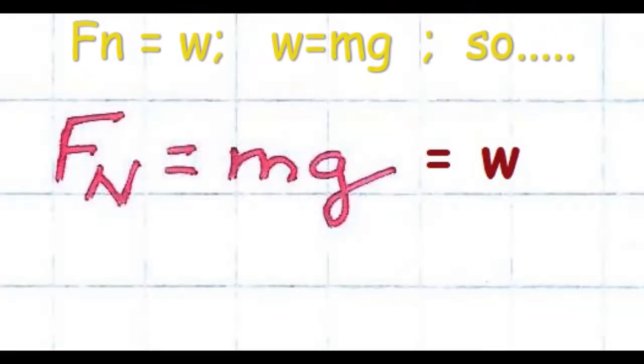We've done this before. Force normal equals W, right? And what does W equal? Mass times acceleration due to gravity. We're not putting numbers in yet. We're just manipulating equations. Half of physics is manipulating equations.